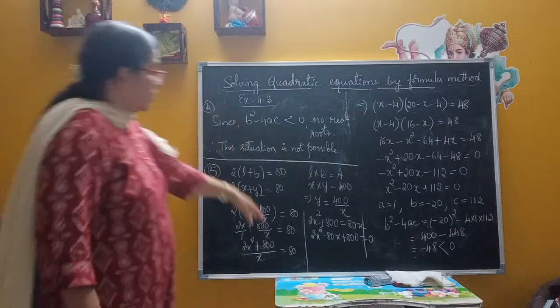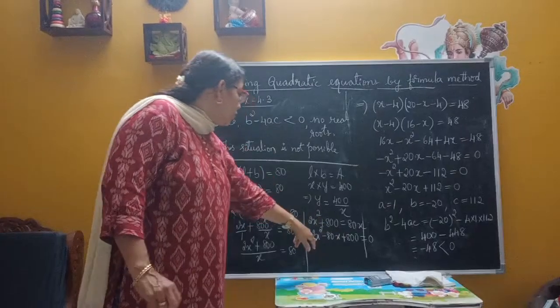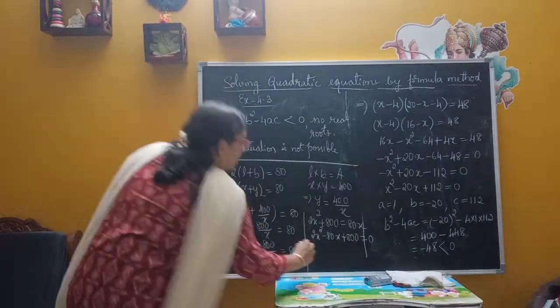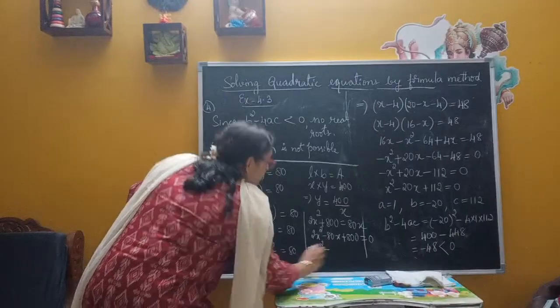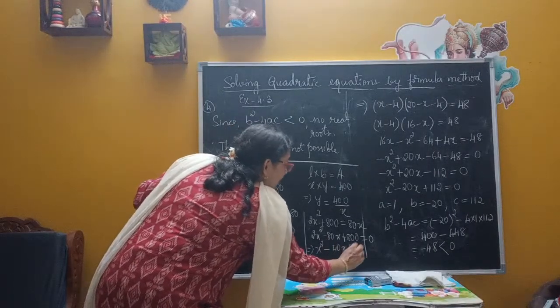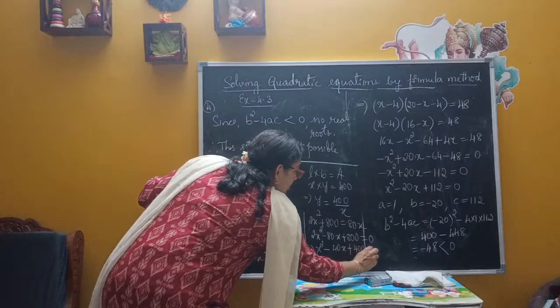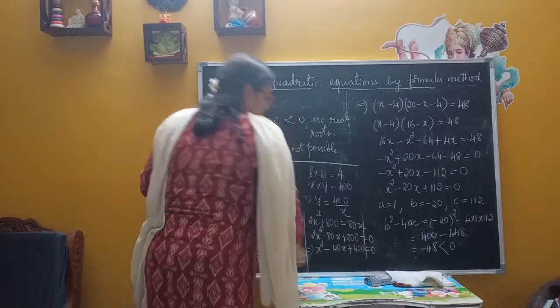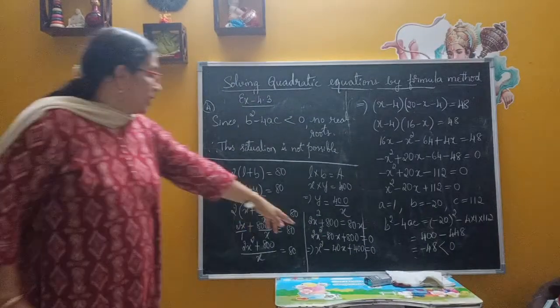If you divide throughout by 2, you get x square minus 40x plus 400 is equal to 0. Okay, so find the discriminant.